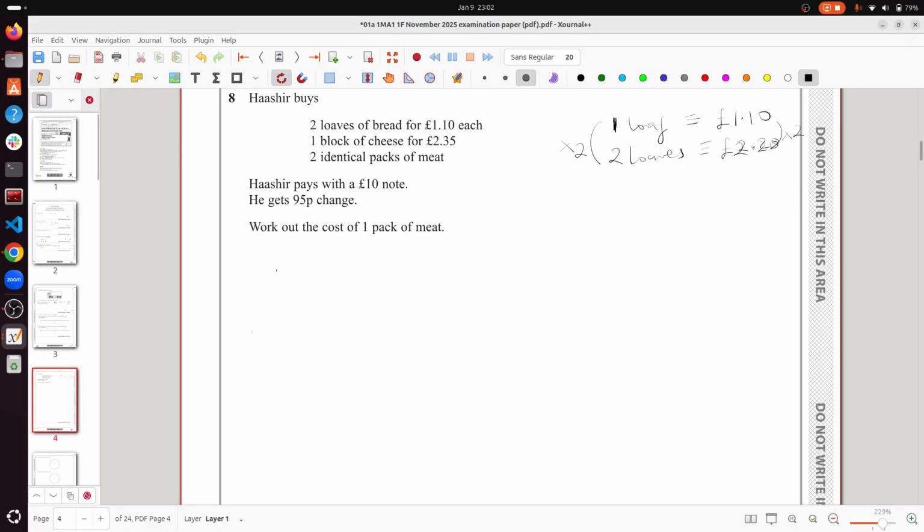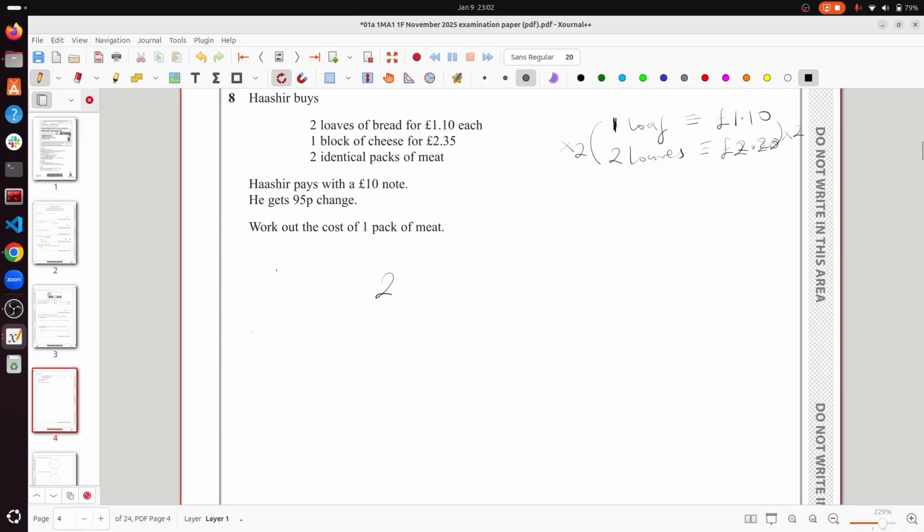What else did he buy? 1 block of cheese for £2.35. 2 identical packs of meat. Hashir pays with a £10 note. He gets 95p change. Work out the cost of 1 pack of meat.